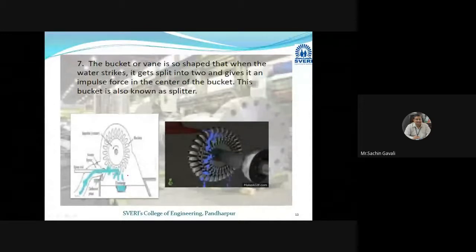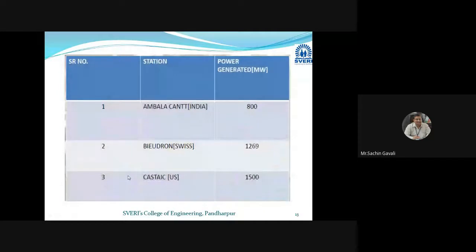I think you might have observed that Pelton turbine in our laboratory also. This is a power generation station. As high head is available, we can generate more power from the blades. Ambala cantonment in India is one of the famous Pelton turbine stations, where an 800 megawatt power station uses Pelton wheels.